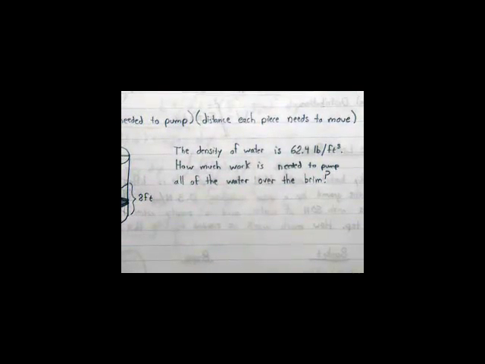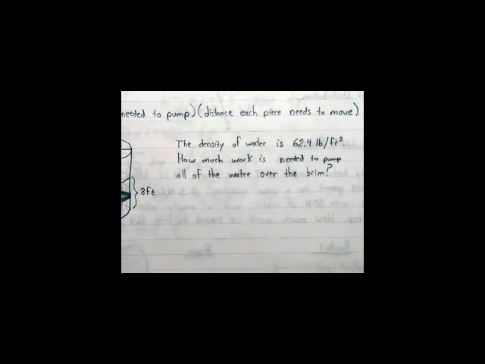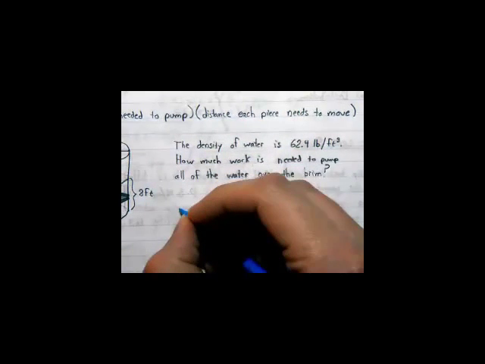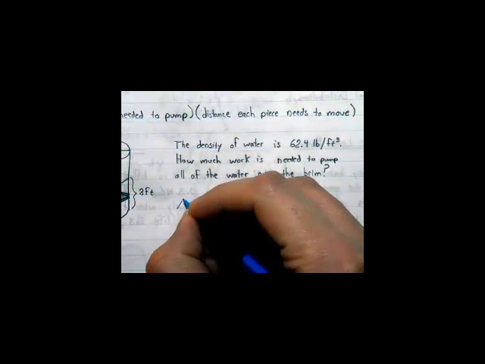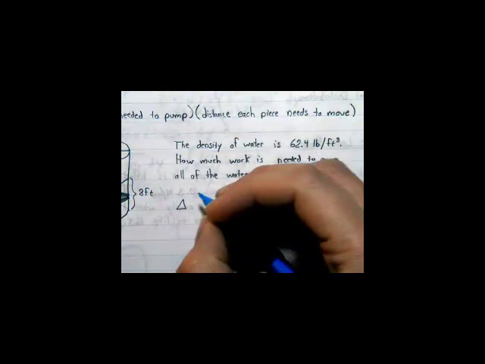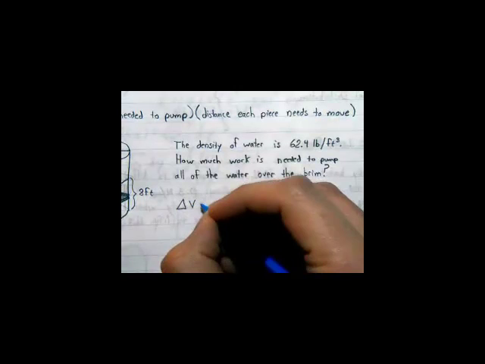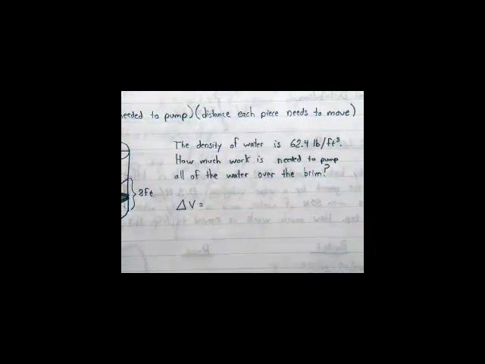And we're going to work on pumping that thing out of there. Okay, so we'll just think of one in general, and then we'll apply that to all of them that we have there. So the first thing we need to do is figure out what is delta V, the change in volume of one of these little slabs?